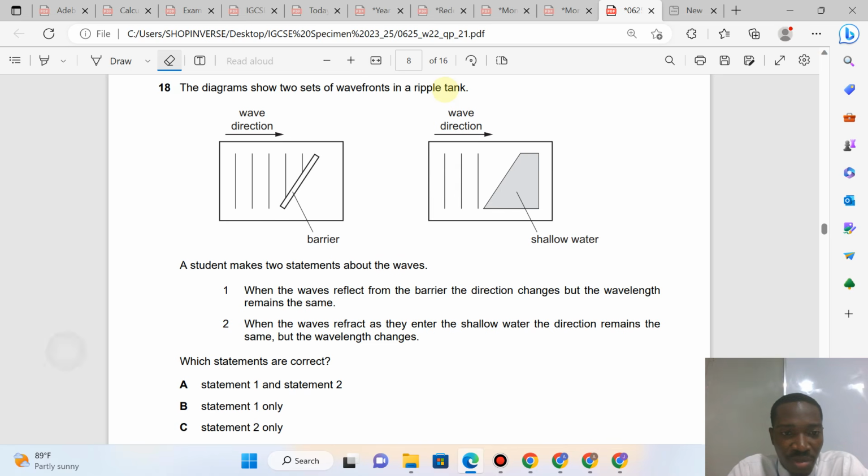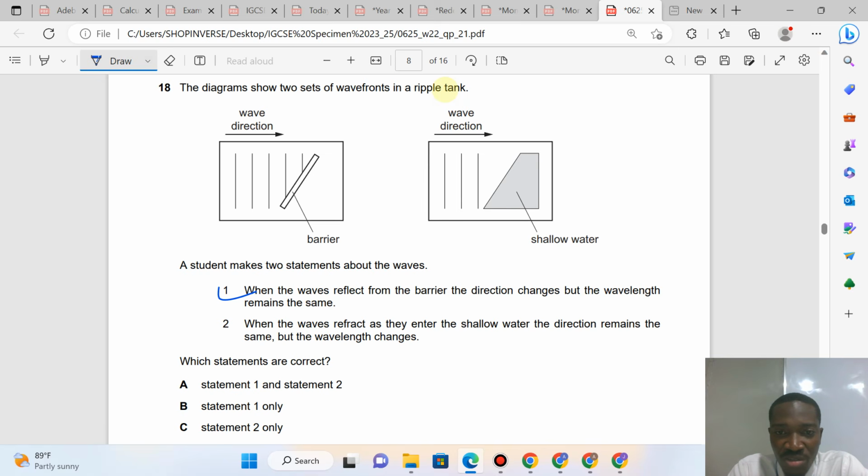Statement number one: when the waves reflect from the barrier, the direction changes but the wavelength remains the same. Okay, during the reflection of a wave, there will be a change in direction but the wavelength remains the same. That is correct. Statement number two: when the waves refract as they enter the shallow water, the direction remains the same but the wavelength changes.